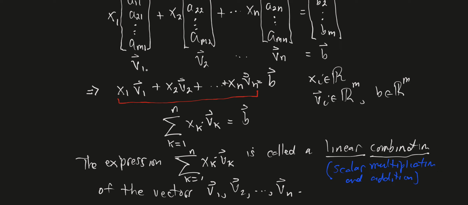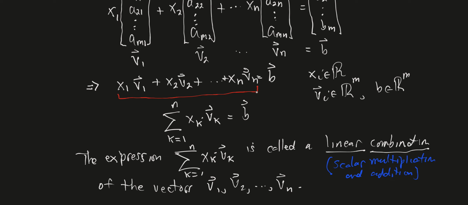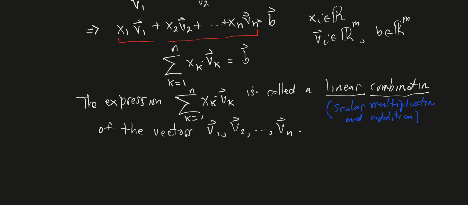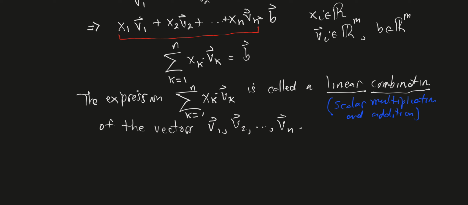Well, in terms of a system being consistent, it would mean that I would have the ability to find these scalars, the x1, the x2, the xn, so that when I form this linear combination of these columns, I will be able to produce the vector b. So the concept of a consistent linear system can now be rephrased with the language of linear combinations.